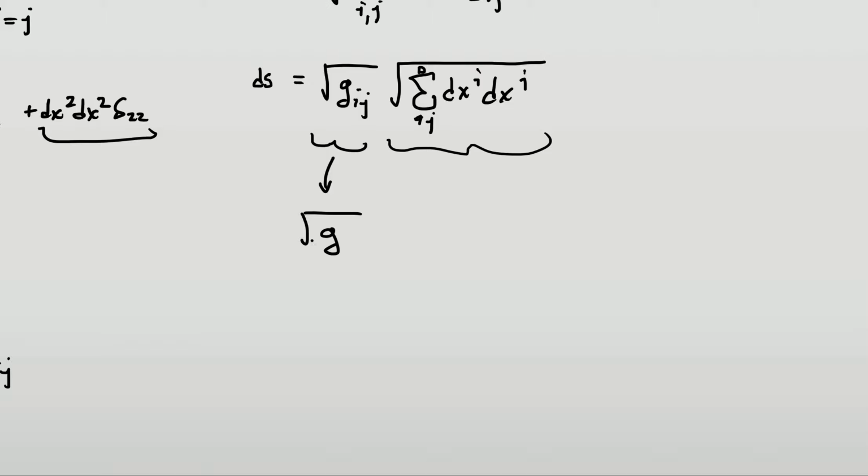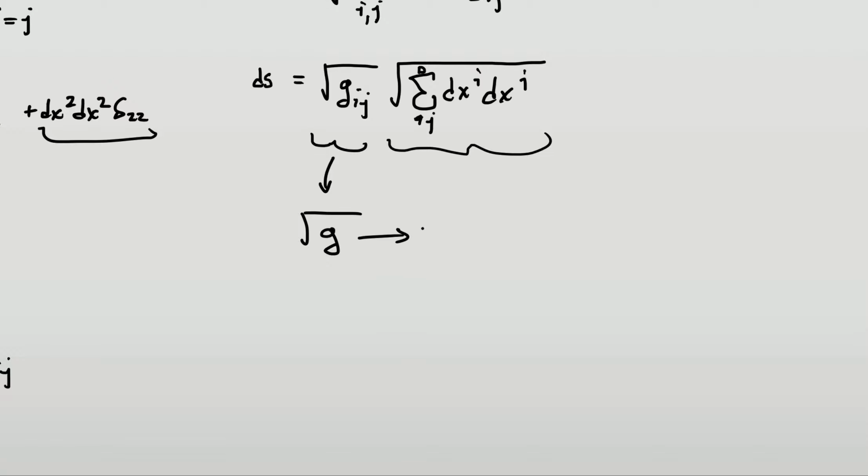When we say the determinant in general relativity, especially the determinant of this matrix, or this tensor, we can take the square root of it by doing this right here. We'll test this and see what happens if we take a specific form of this metric.